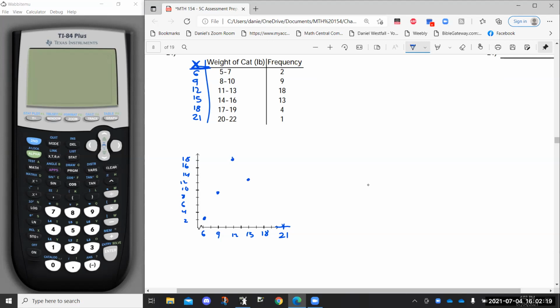It's going to be there. And then back down to 4. It's going to be here. And this one is at 1, and then we get our straight edge and we connect like so. Make sure you can see those points.